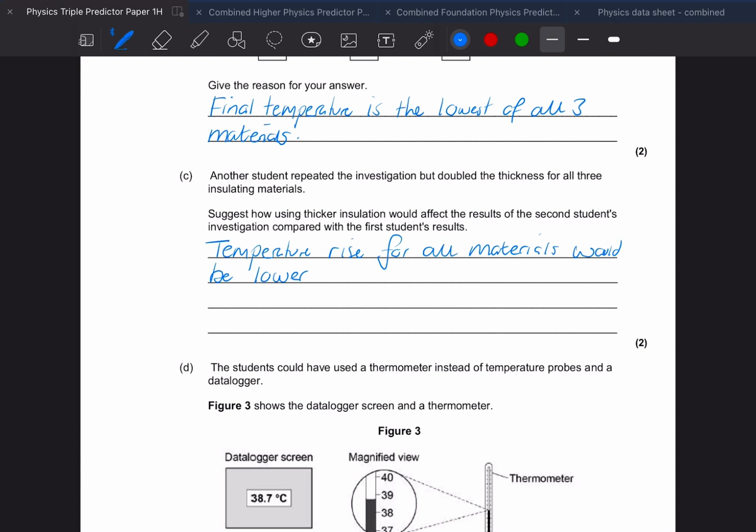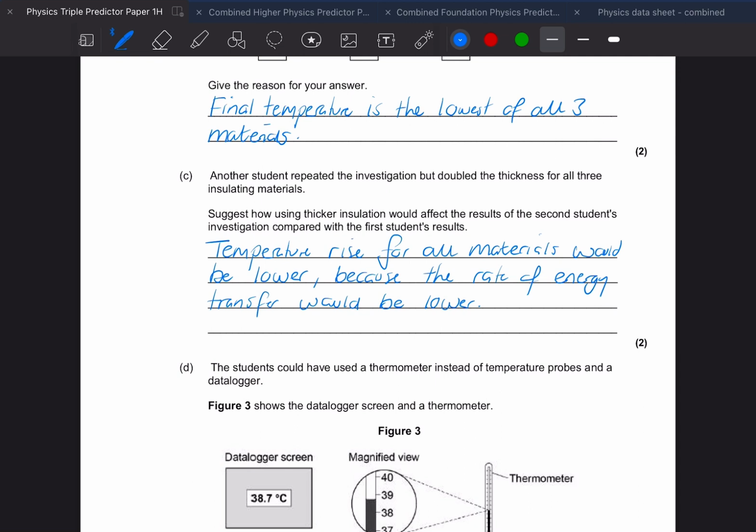A second, so we're going to have a reason why. Because the rate of energy transfer would be lower. So the temperature rise for all materials would be lower because the rate of energy transfer would be lower.